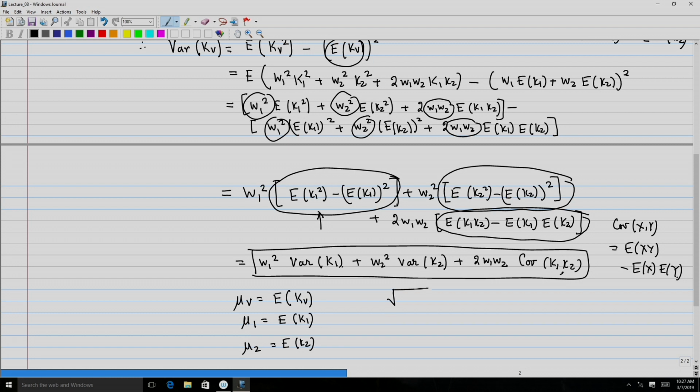Likewise, the risk, which is the standard deviation of k v in case of the portfolio, will be denoted by sigma v, and sigma 1 will be the square root of variance of k 1, and finally sigma 2 is the square root of variance of k 2.